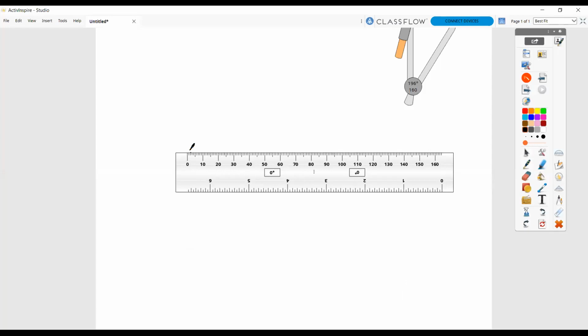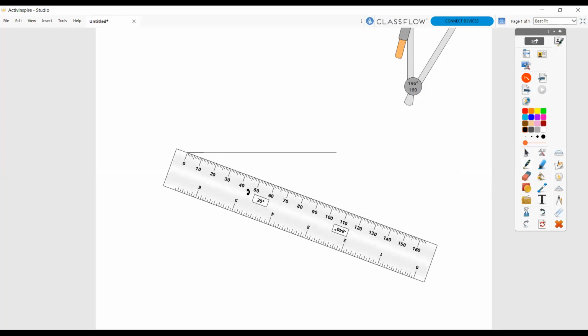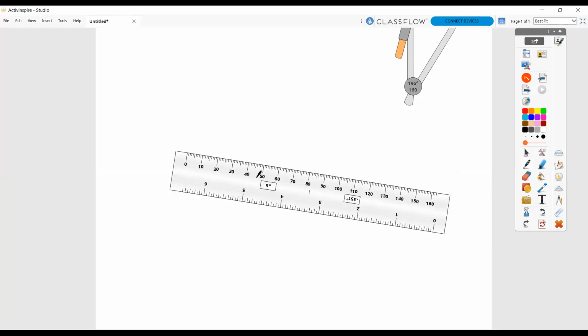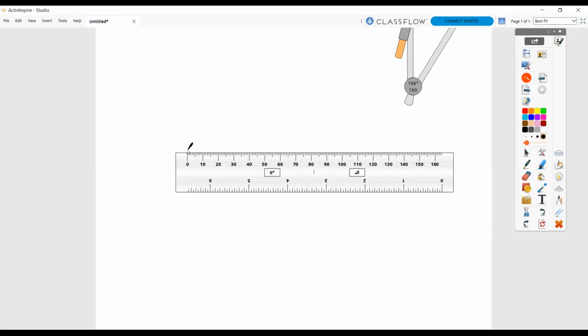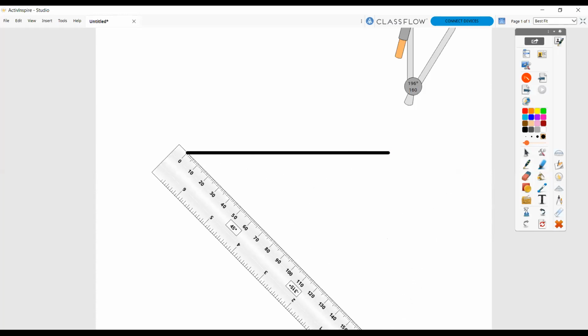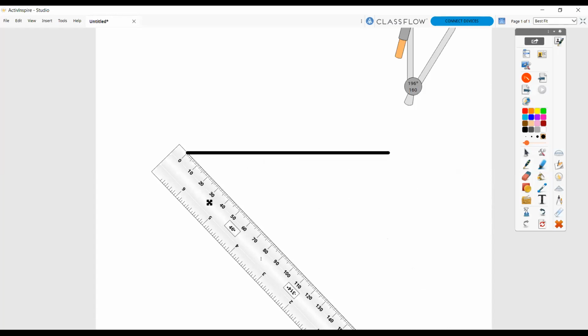So I'm taking a line of similar length, from 0 to 130, and again we want to make 8 equal divisions of this line.